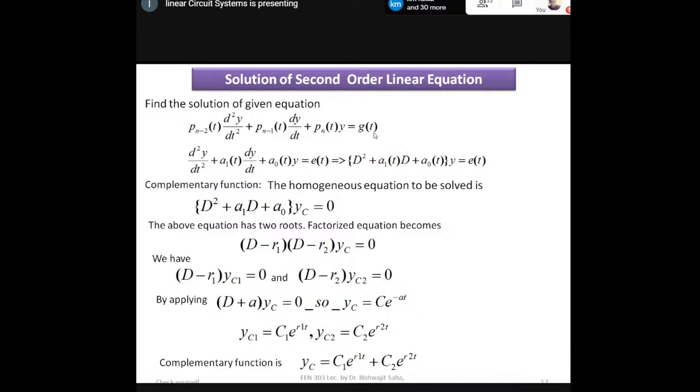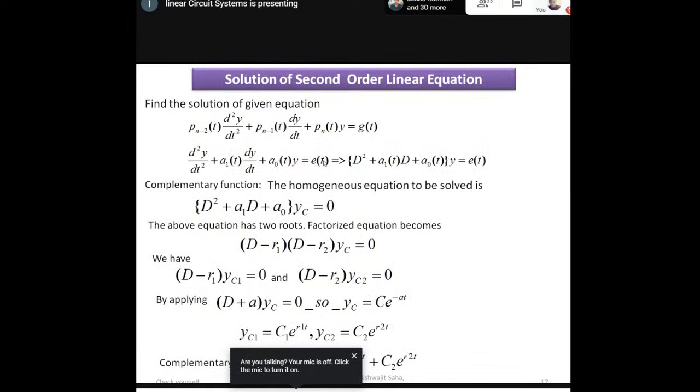We are rearranging the equation to form d square y by dt square plus a1 of t dy by dt plus a0 of t y equals e of t. Here e of t is the function of time. Don't mix up with the previous one.